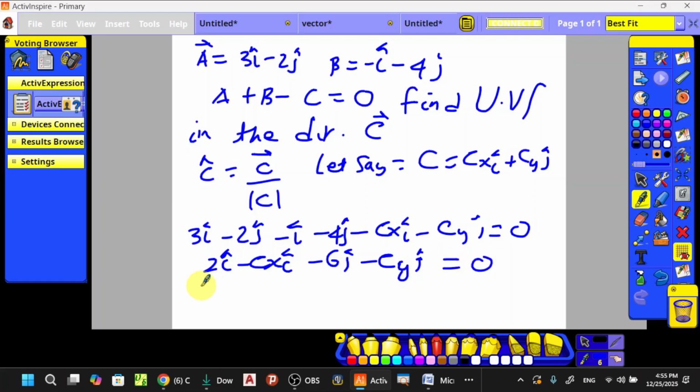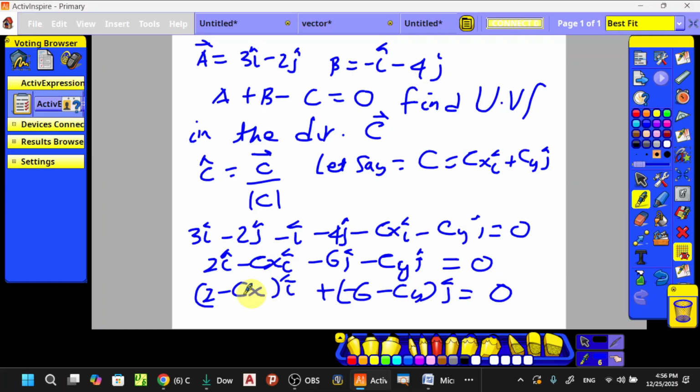Then let's take out the common factor: 2 minus cx in the i plus minus 6 minus cy in the j is equal to 0.